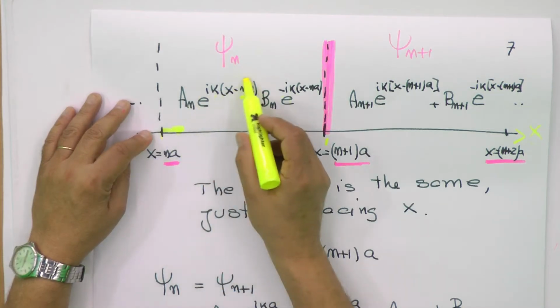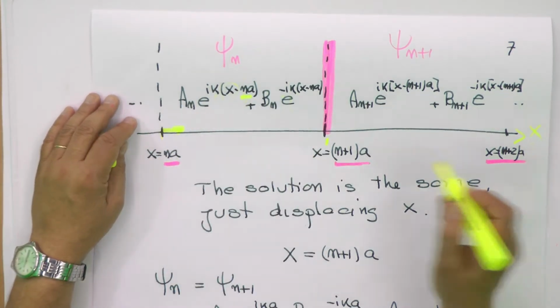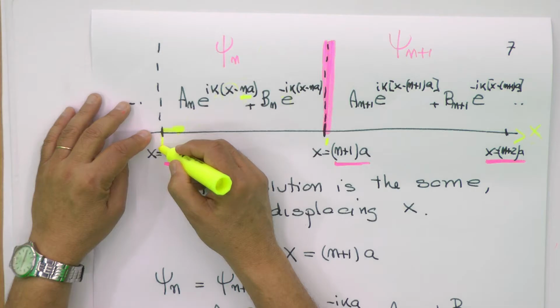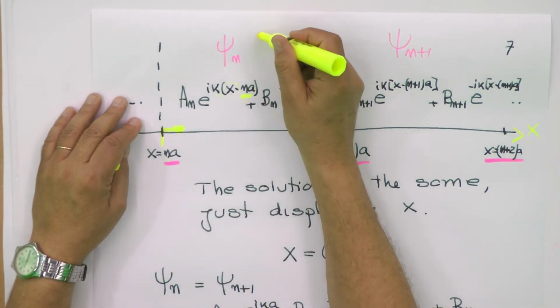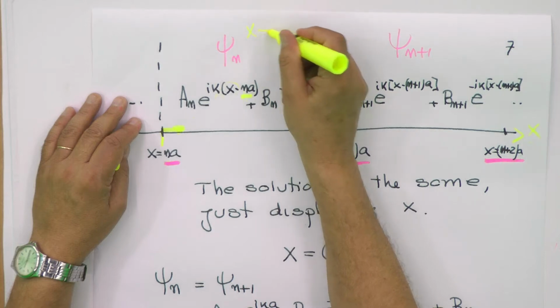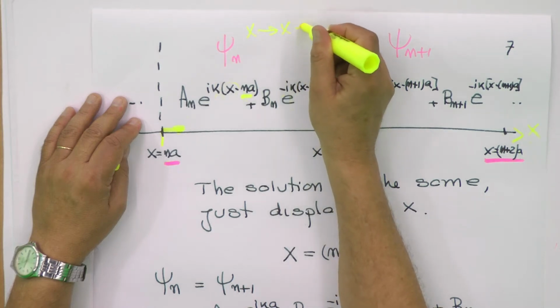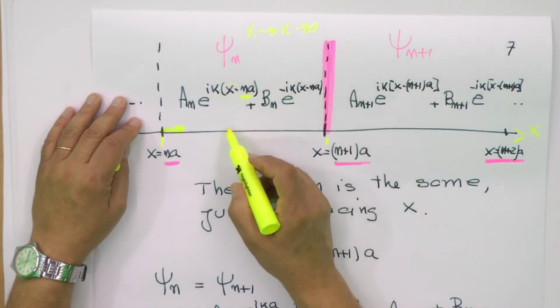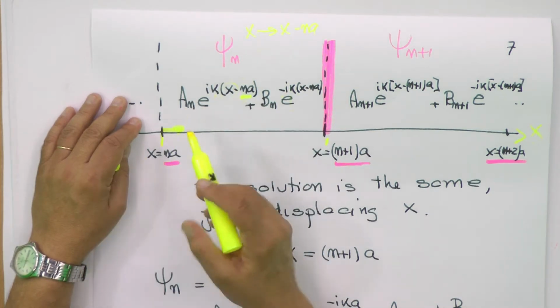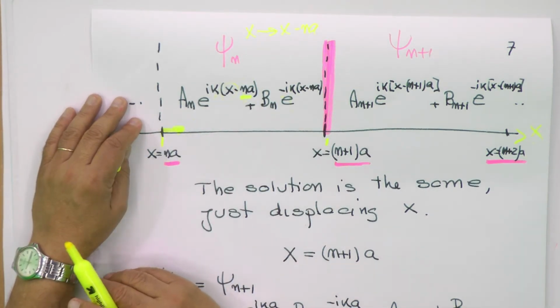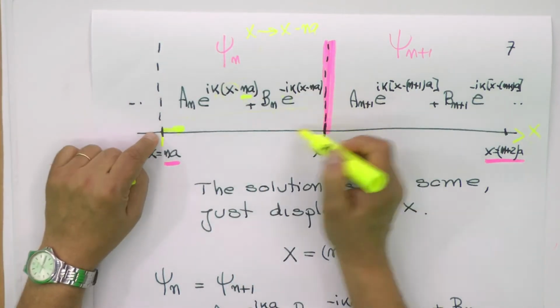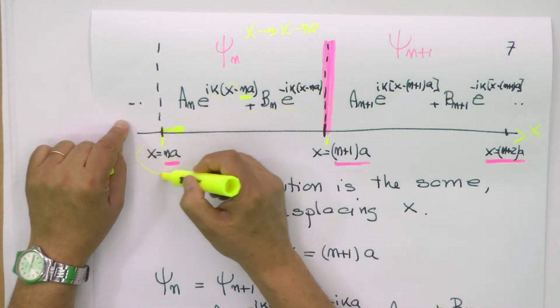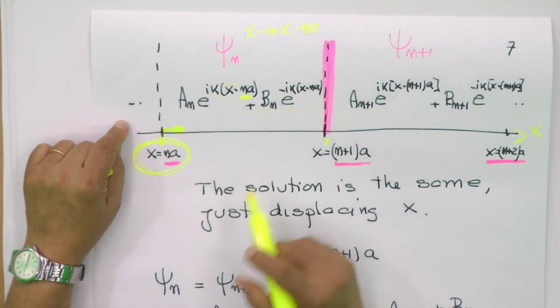If I subtract for this x, it's like the origin here. So I will substitute x by x minus any a for this side here, because I want to use the solution that I know, as if this was x equal to 0.